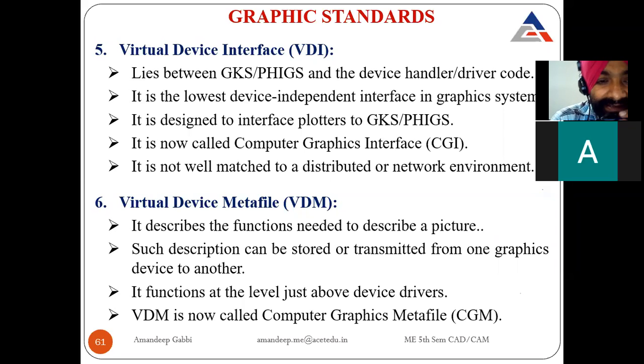Then virtual device interface. Now it lies between GKS and PHIGS, and the device handler driver code. It is the lowest device independent interface in graphic system. So this one is the lowest device independent, but the rest of all of these standards are very much independent of the graphic system.